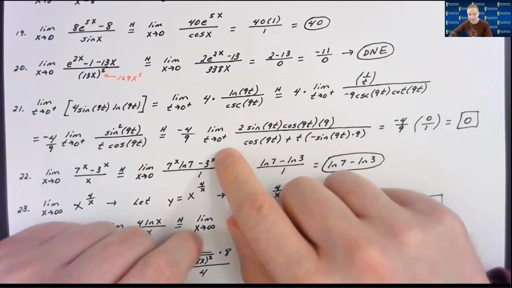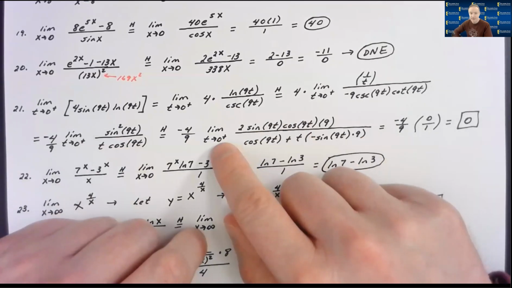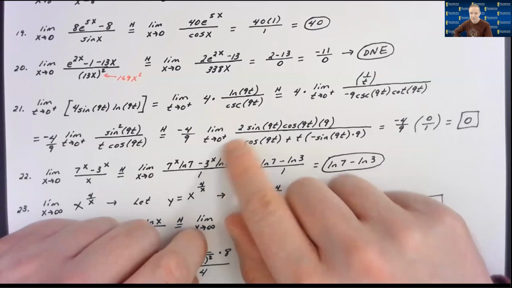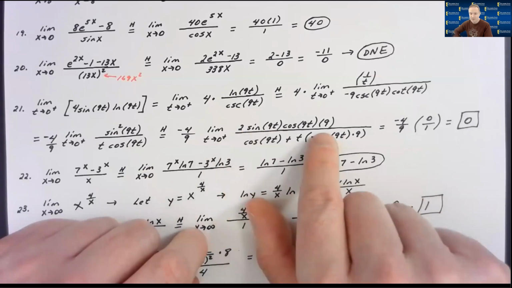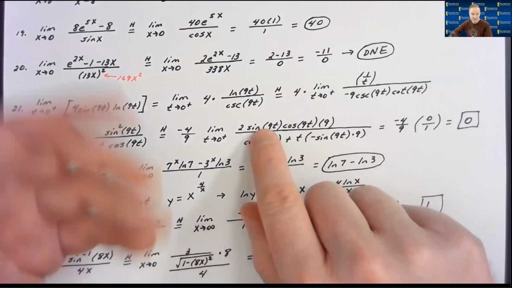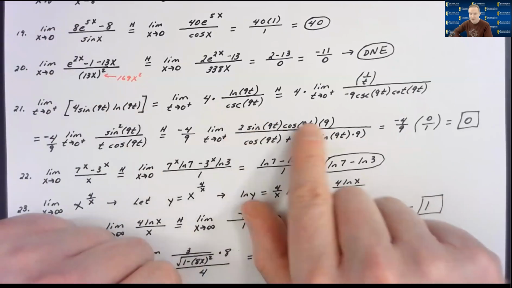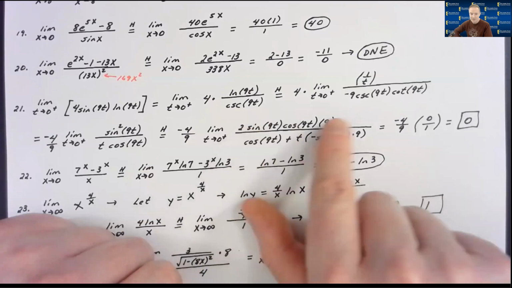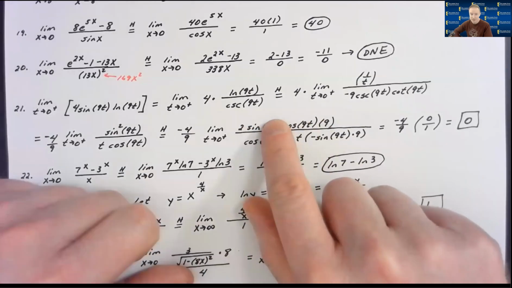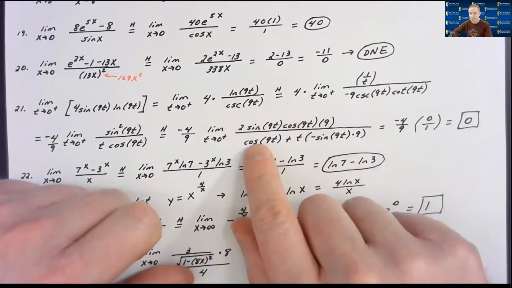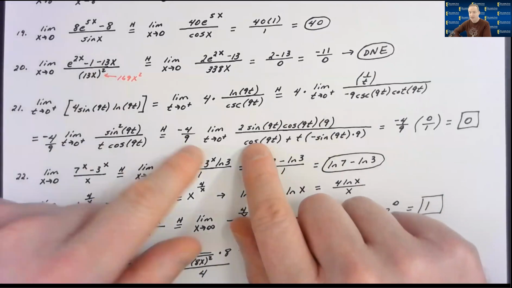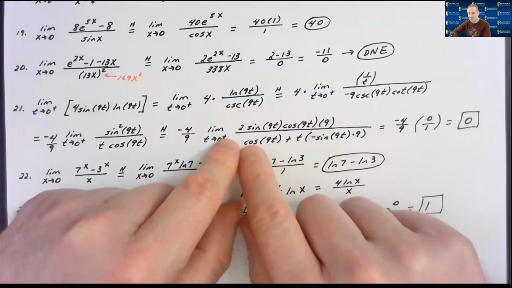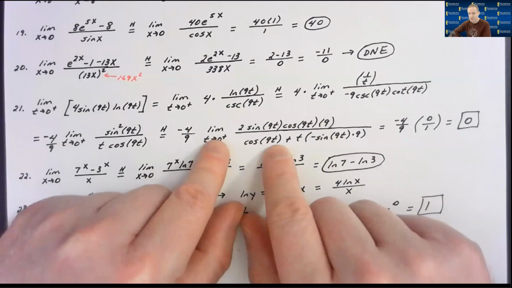At this point, I'm thinking, can I take the limit as t approaches 0 now? My numerator is going to be 2 times 9 times sine of 0, which is 0, so that makes all of it 0. What about your denominator, though? Oh, you're done, because this term right here, cosine of 9t as t approaches 0, is the cosine of 0, which is 1.